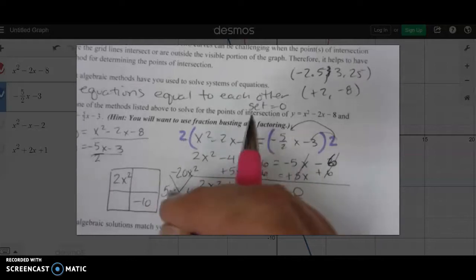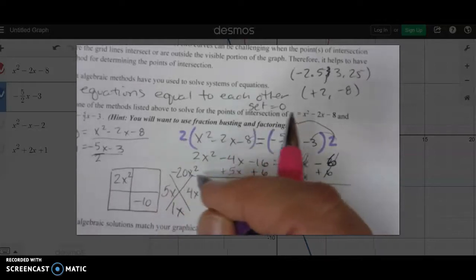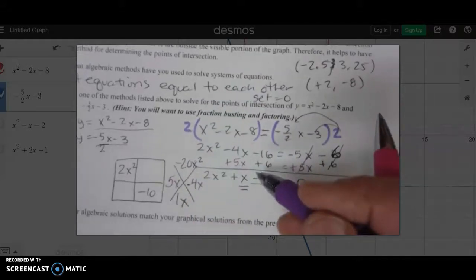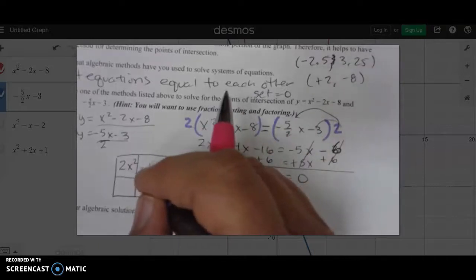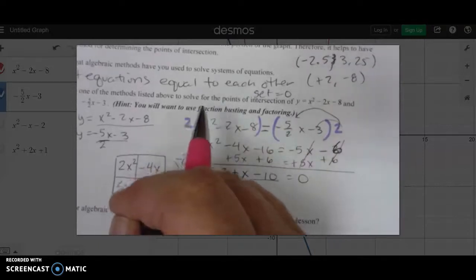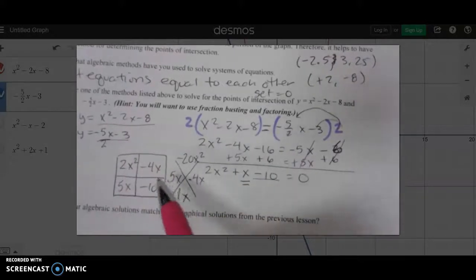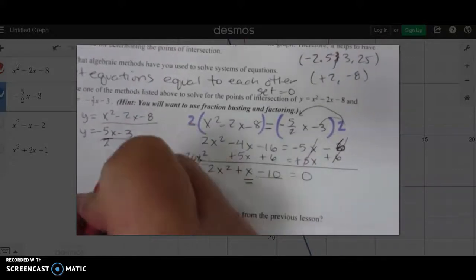How about 5x and 4x? 5 times 4 is 20. One of them needs to be negative, but I want it to be a positive 1. So I'm going to make this a negative 4. And I'm going to put my negative 4x and 5x here. So I know that I'm going to set this up. I'm going to have this x and x.